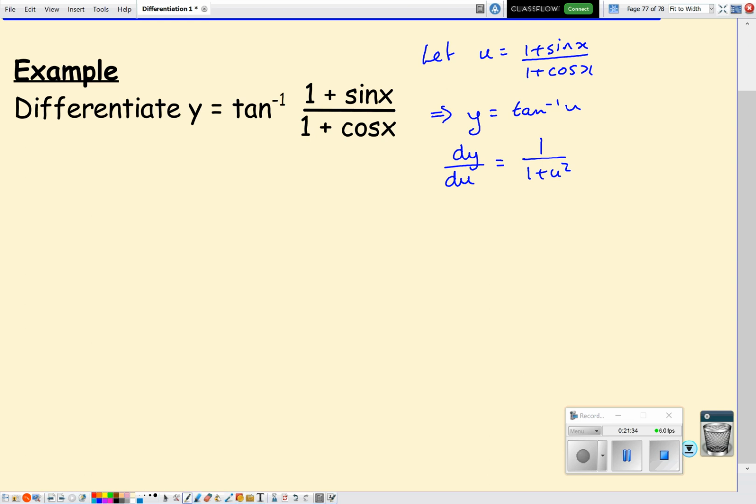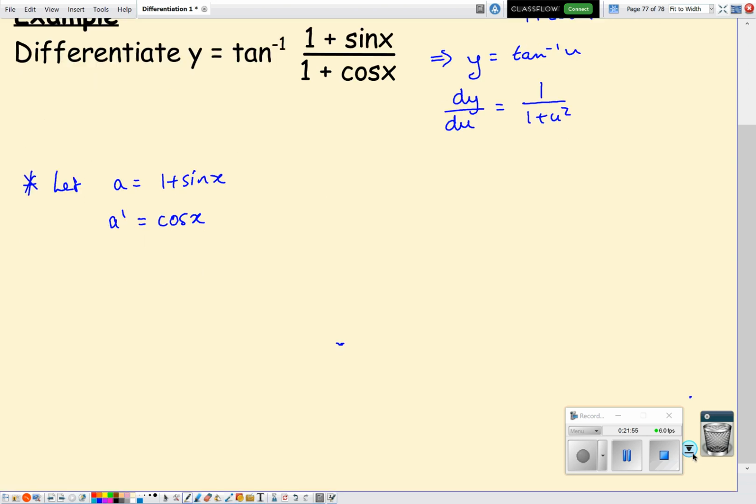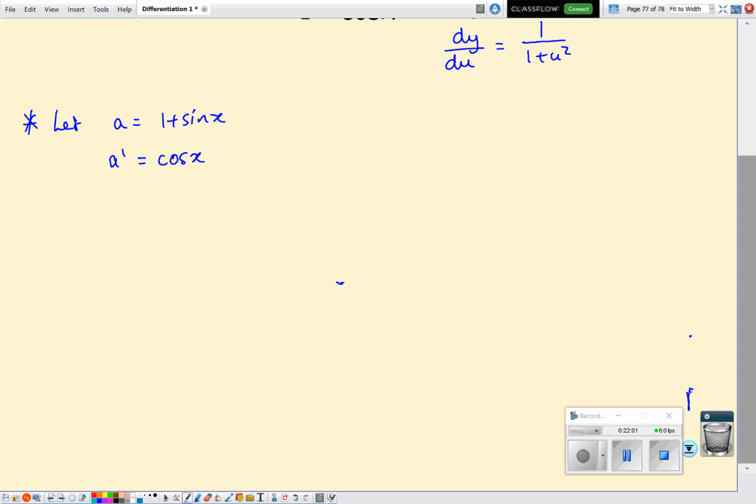We need to now differentiate this. I'm not going to use u and v again because I don't want to get confused. Let a equal 1 plus sine x, so a dashed is cos x. Because the only way to differentiate 1 plus sine x over 1 plus cos x would be to use the quotient rule.